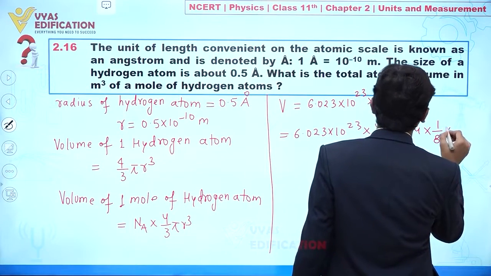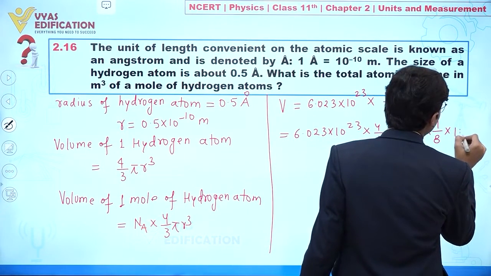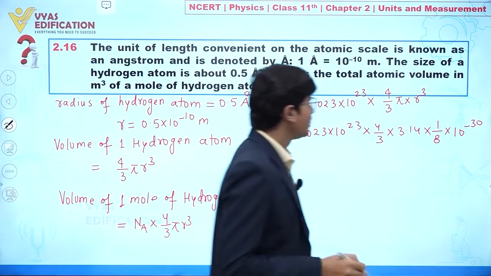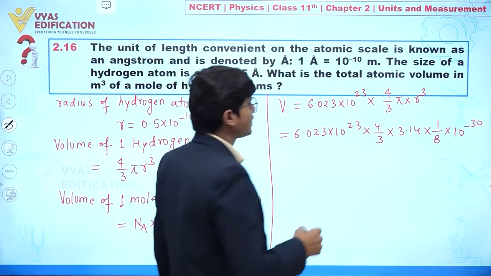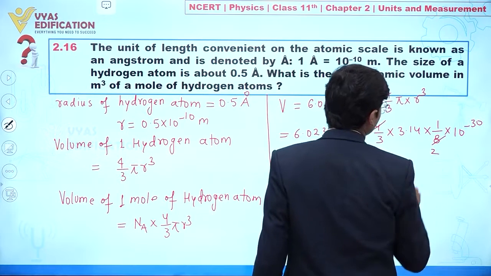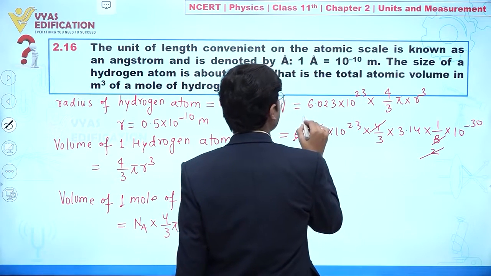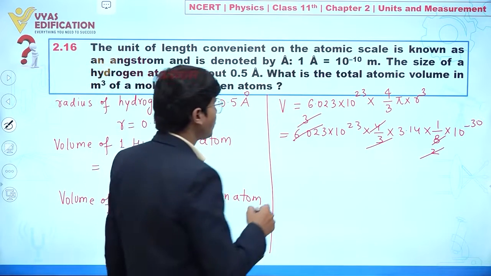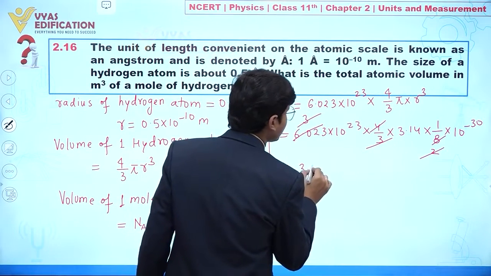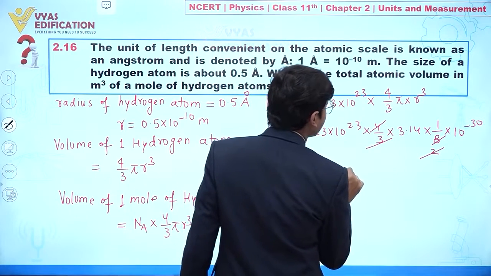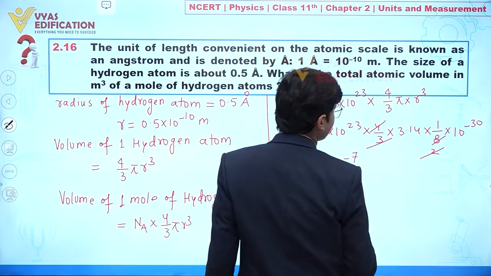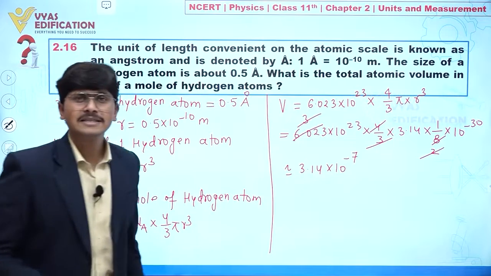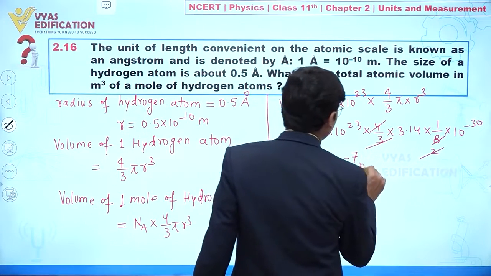This is 1 by 8 into 10 to the power minus 30. If you calculate, this value is about 2, near about 3, and this one cancels out. So the approximate answer is 3.14 multiplied by 10 to the power minus 7 meter cube.